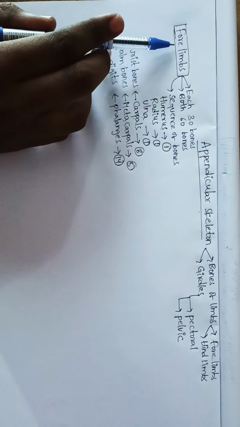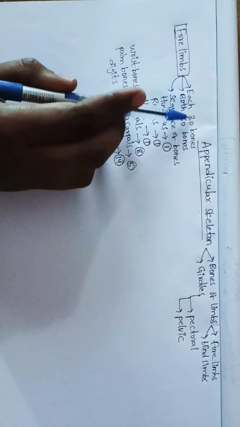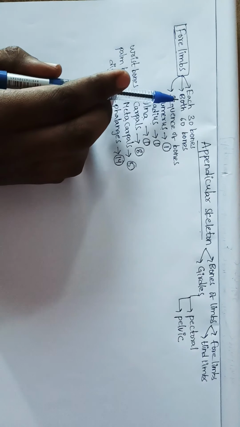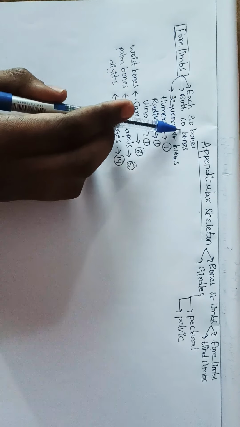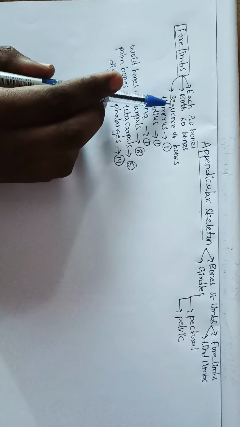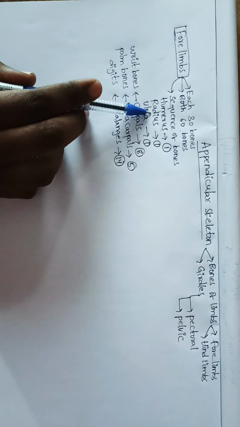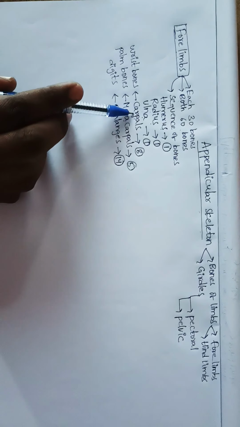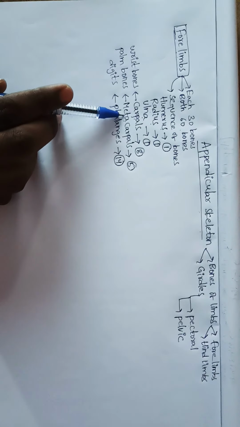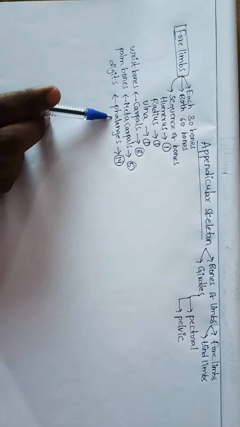Again, I will tell about forelimbs. Each forelimb consists of 30 bones, so total bones in both forelimbs are 60. The sequence of bones in the forelimb is humerus, radius, ulna, carpals, metacarpals, and phalanges.